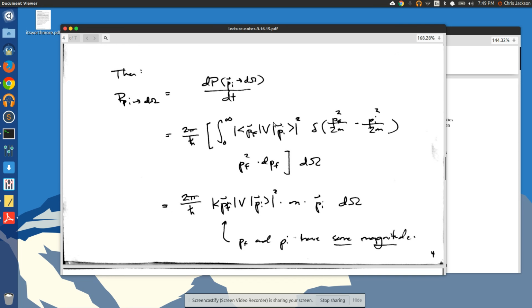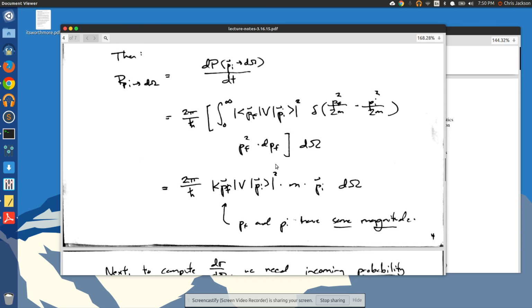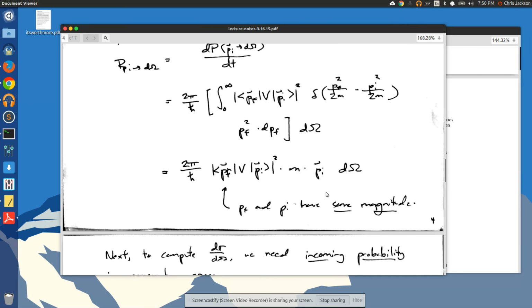And so what we need to evaluate is this matrix element, right? Let's see, we want to perform this integral, and luckily we have this delta function here that we can use to do the integral over the p final. And when I do that, I'm left with just this nice little simple line here.